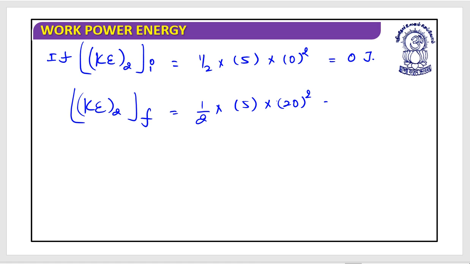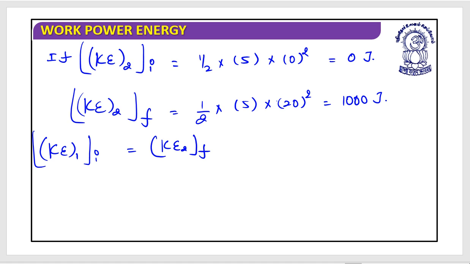I hope this is clear. So this would be 1000 joule. So the kinetic energy of the first body initially is equal to the kinetic energy of the second body finally, and the total energy has been transferred, because initially this is having 1000 joule, and finally that body is having 1000 joules.